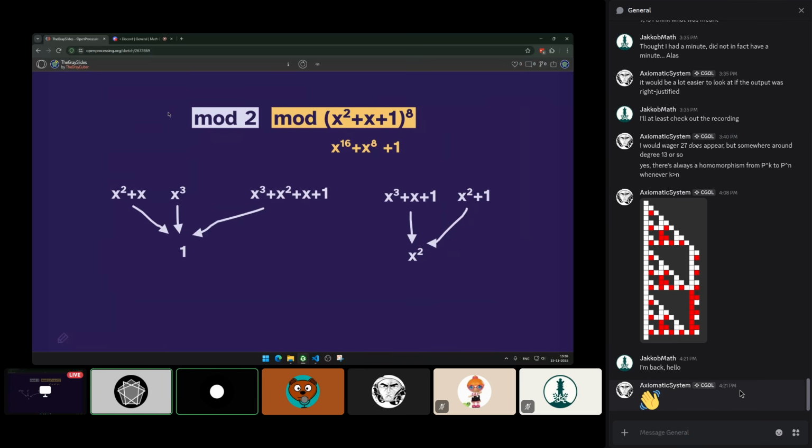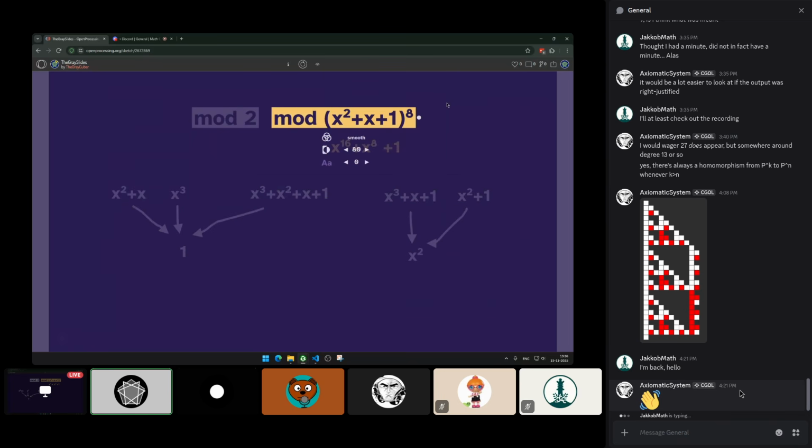Is this a question that you are aware of people having asked before? I have no idea. I just stumbled upon it because I just wanted to look at all of the... I started by just asking the question. I was curious what rings look like if we mod by a prime and then mod by any polynomial.